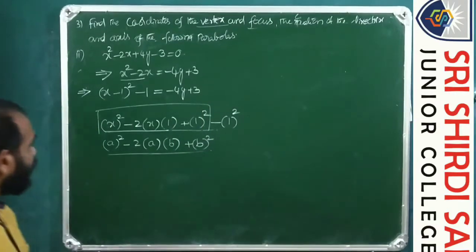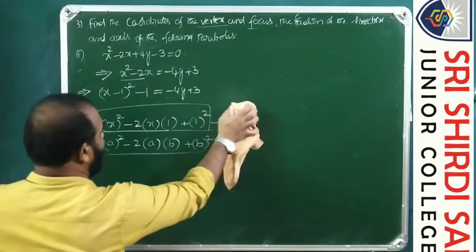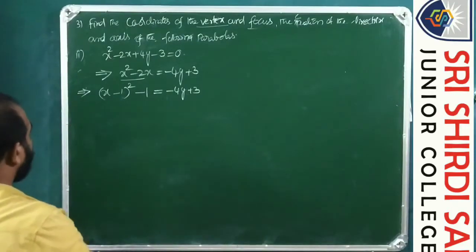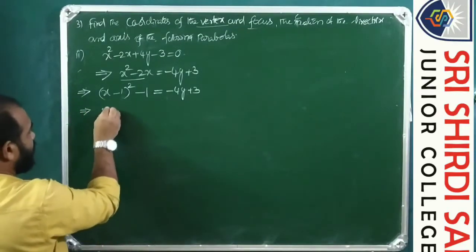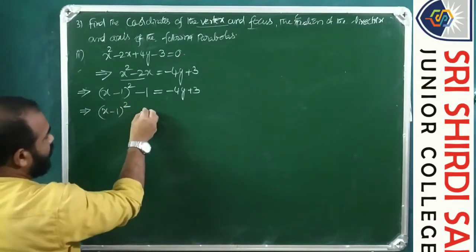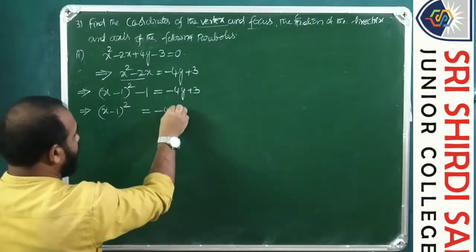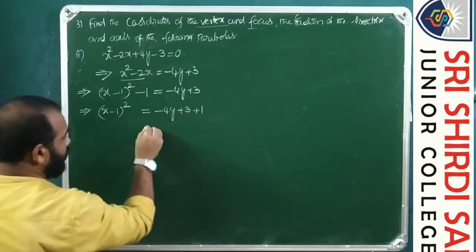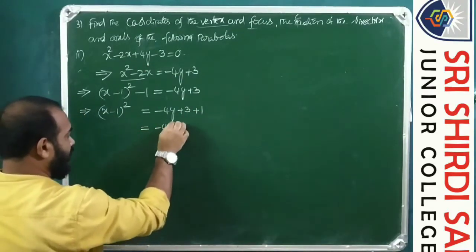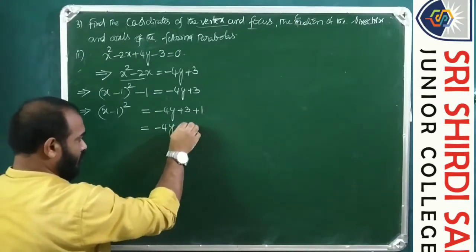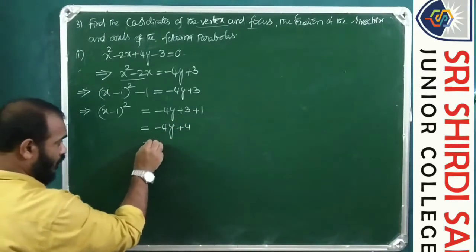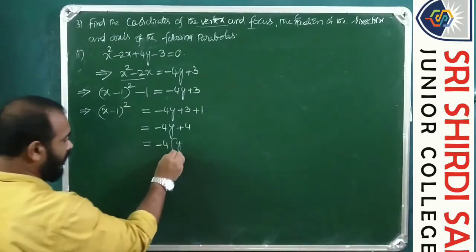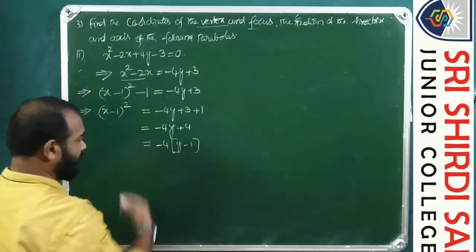So (x minus 1) whole square equals minus 4y plus 3 plus 1, which is minus 4y plus 4, since 3 plus 1 is 4. Take minus 4 as common, then I will be left with y minus 1 here.